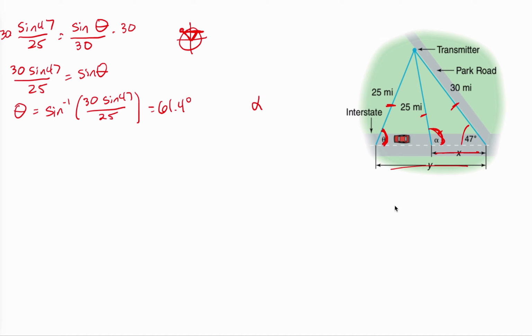So angle alpha is 180 minus 61.4, which is 118.6. Okay. So now we've got these two angles. We can find this angle and this angle.